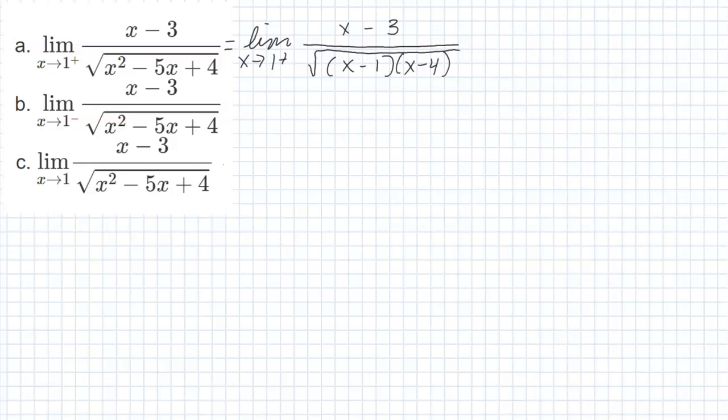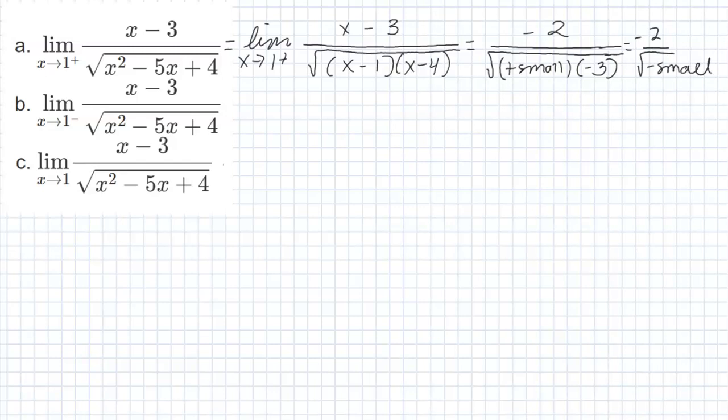A number a little bit bigger than 1 minus 3 on the numerator is going to be roughly negative 2. On the denominator, you will have a square root of a positive small number multiplied by a negative 3.